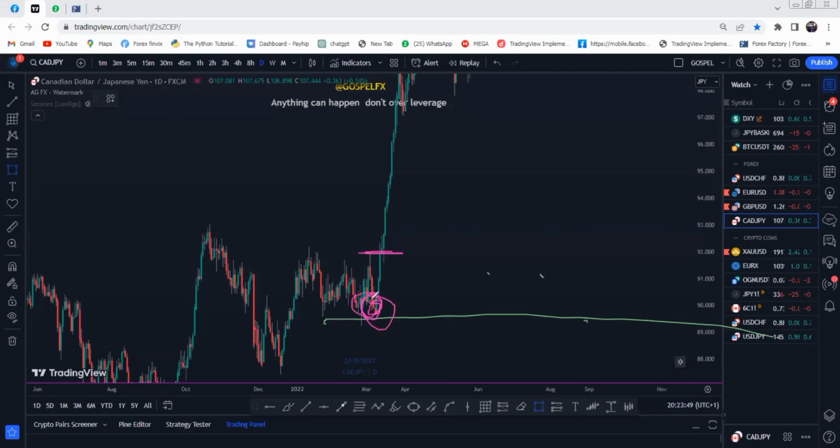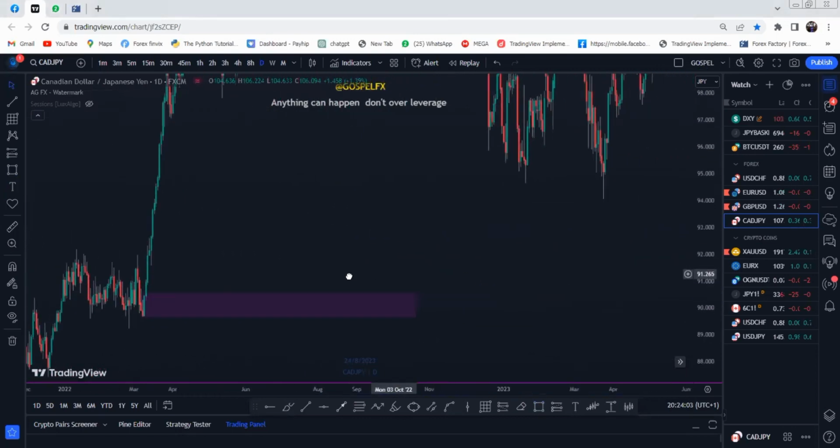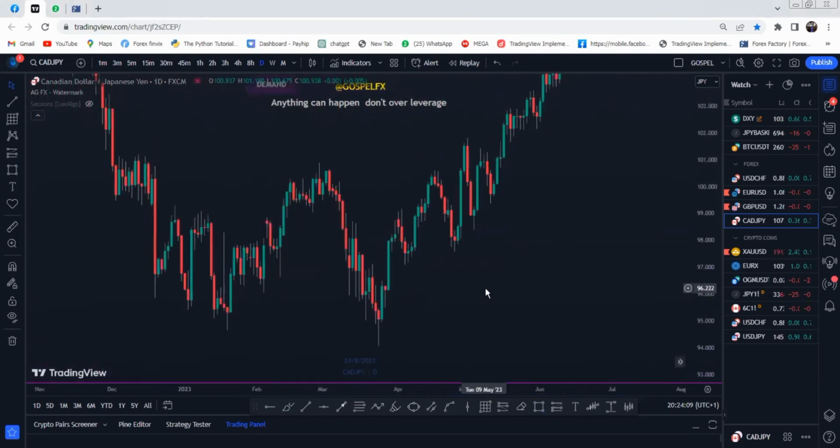So this is our demand zone, right here. When price comes back to this point, we'll be expecting price to buy from it. Now you keep on marking your supply and demand zones.